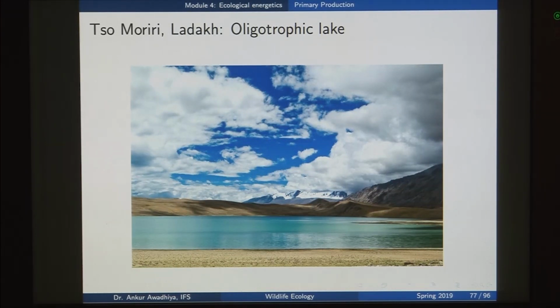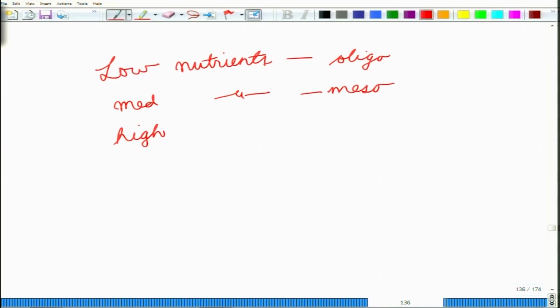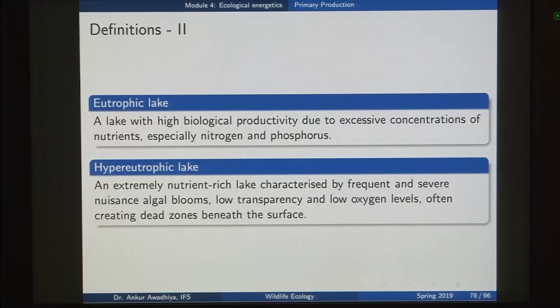Now, from oligo and mesotrophic lakes, we then have a high amount of nutrients. If you have a high amount of nutrients, then you will have a eutrophic lake. Eu means good. So, eutrophic means good productivity. A lake with high biological productivity due to excessive concentrations of nutrients, especially nitrogen and phosphorus. So, essentially you have a lake and you are putting in more nutrients, and so you have more plant growth.